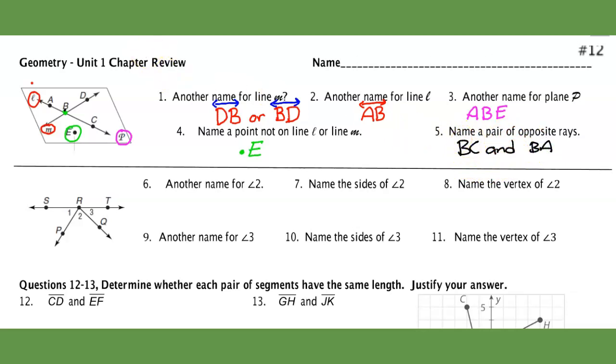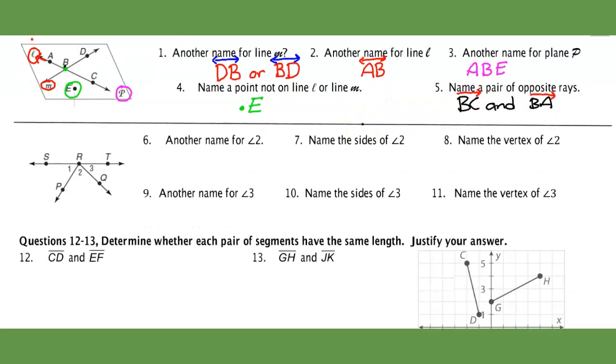And since they are rays, we do have to put the right notation. Rays always have the arrow pointing to the right above it. Even if in the picture the arrow is pointing to the left, kind of like it is here, we still put it pointing to the right in the notation. Okay, so that's our beginning there.